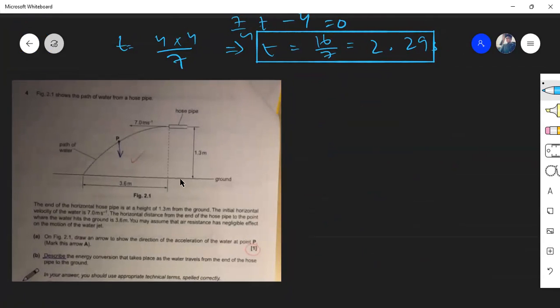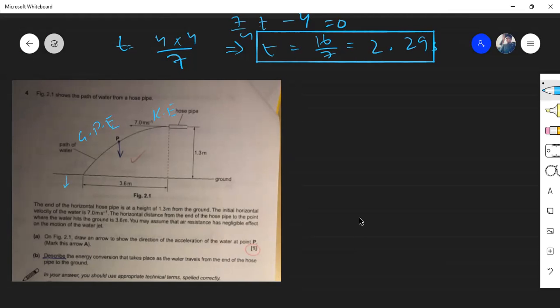So it's a half projectile. The first thing we need to do is describe the energy conversion that takes place from the hose pipe to the ground. When it leaves the hose, the water has kinetic energy. When it's going down, it loses gravitational potential energy. You may assume there isn't any loss because of air resistance. So the water hits the ground, and all of the energy of the water is absorbed by the ground, in some form of energy.